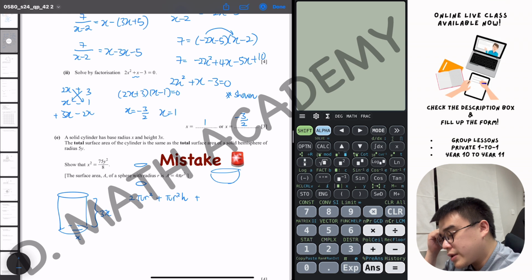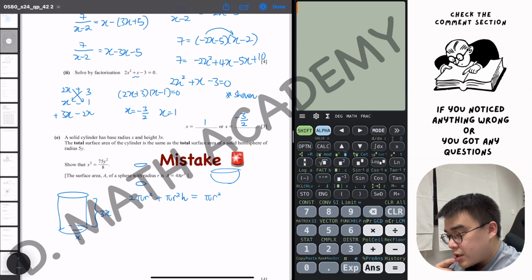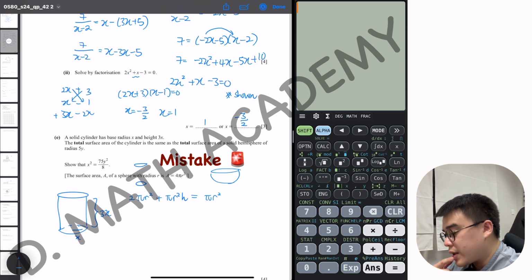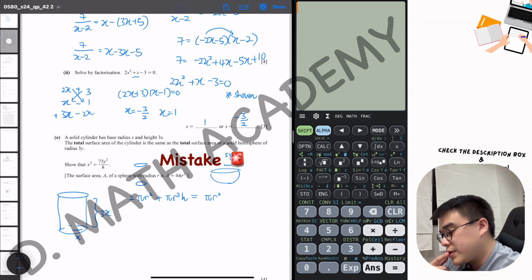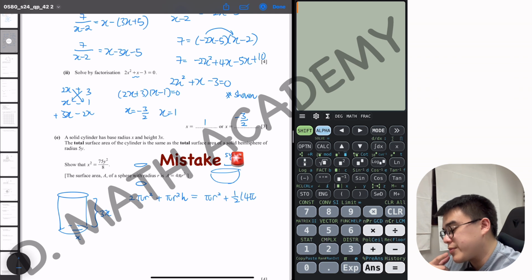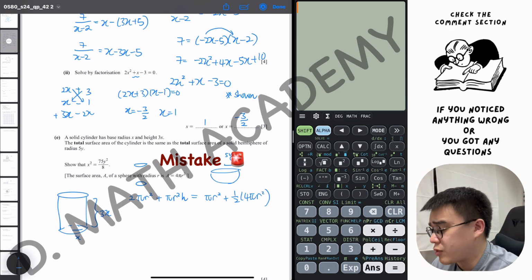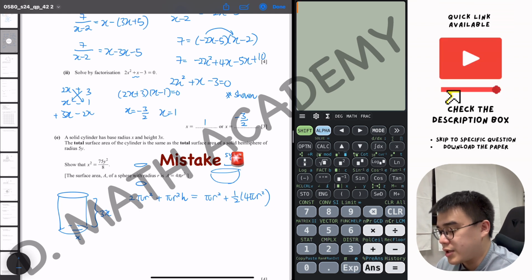Apparently we have a top cover of pi r squared as well. Okay, and the shape of it will have a 5y over there plus half of 4 pi r squared. So this information of the 4 pi r squared was given by the question. Okay, I'm just plucking it out and putting it in.